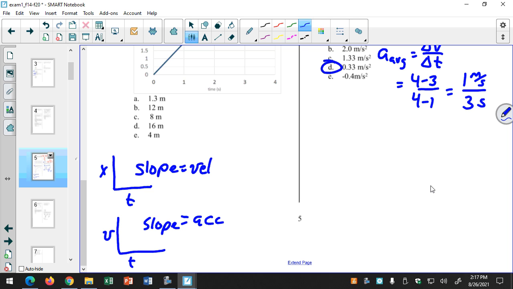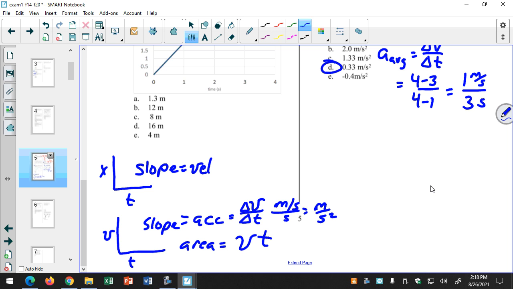There's something else that we can do with the v versus t graph, and that is to find the area. And the area, well, let's look at slope. Slope is equivalent to delta v over delta t. That is meters per second divided by seconds, which is meters per second squared. But if I'm taking the area of this graph, what I'm doing is I'm multiplying v times t. Right, because if I want to know the area of, say, a rectangle, I multiply one side by the other side, and that finds the area.